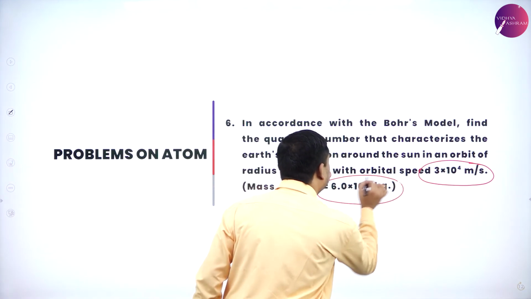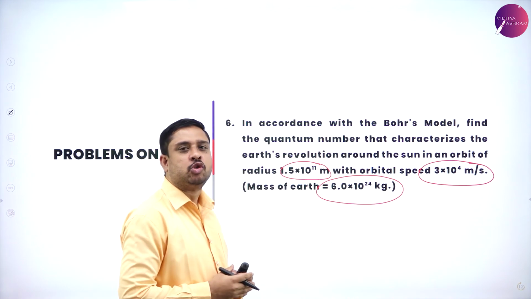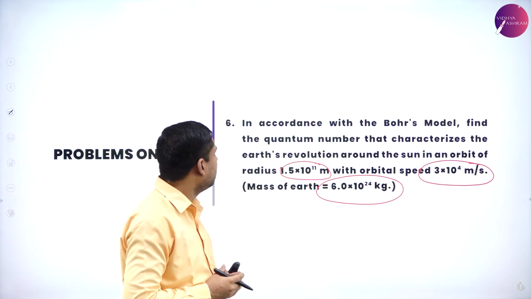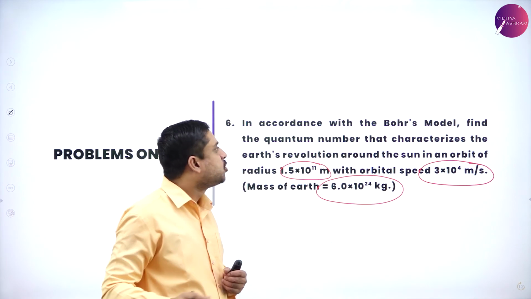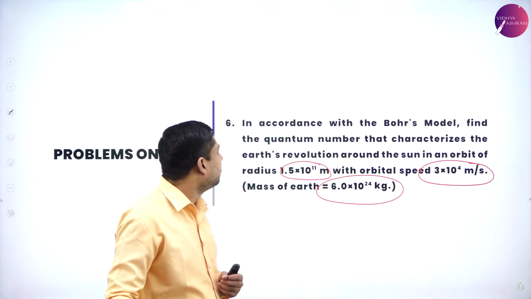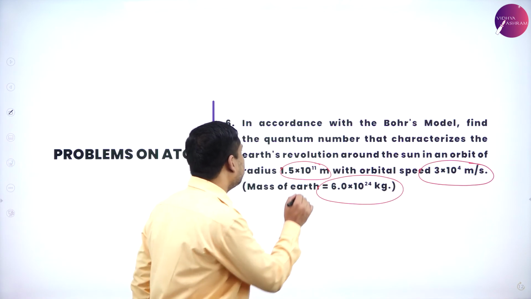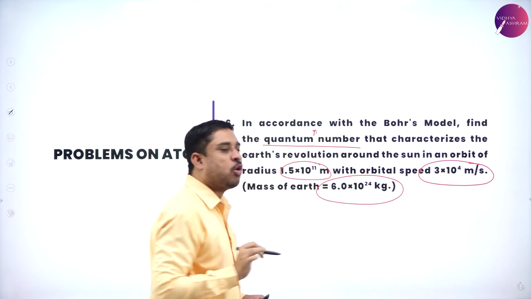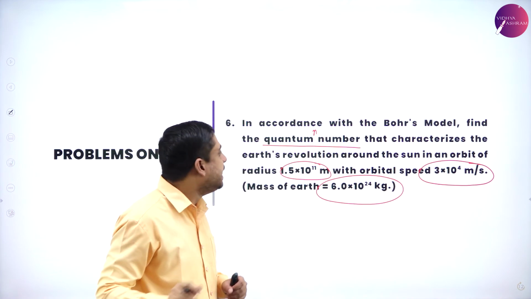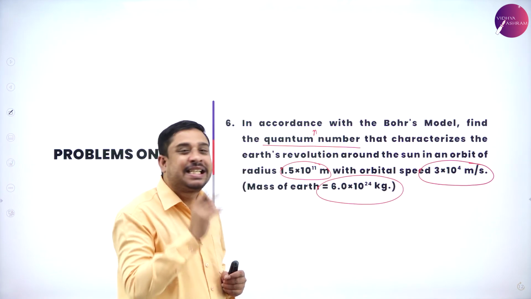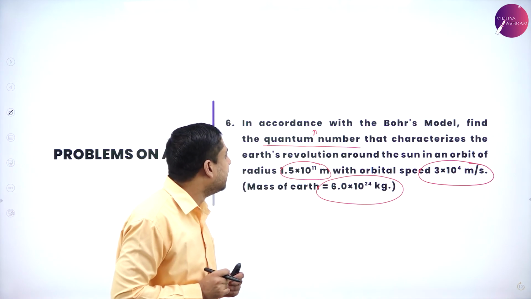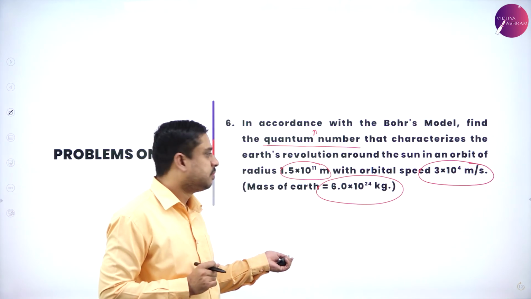The mass of the Earth is 6 into 10 power 24 kg. In accordance with Bohr's model, find the quantum number n that will characterize Earth's revolution around the sun.